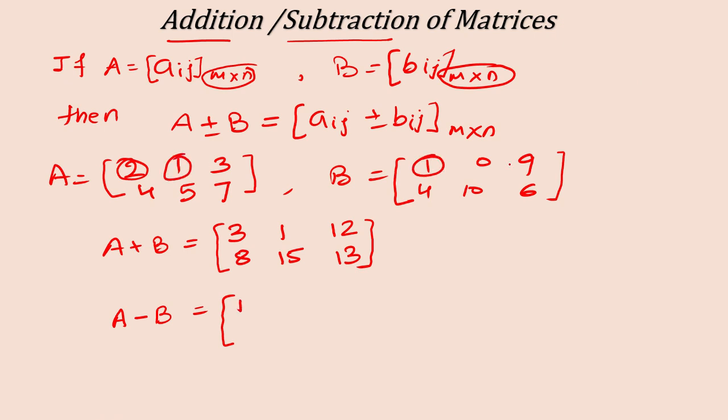Then 1 minus 0, it will be 1. Then 3 minus 9, it will be minus 6. Then 4 minus 4, it will be 0. 5 minus 10, it will be minus 5. And 7 minus 6, it will be 1. So like this we can find addition or subtraction of matrices.